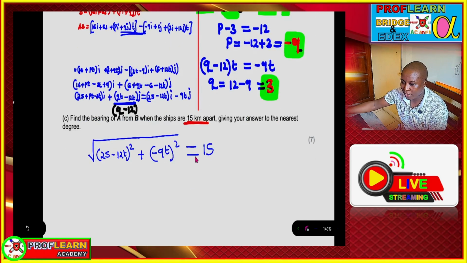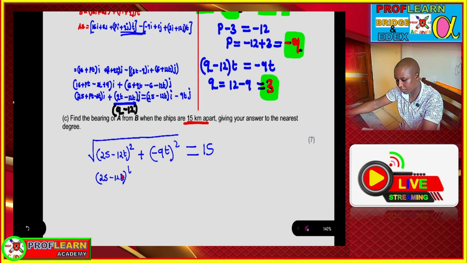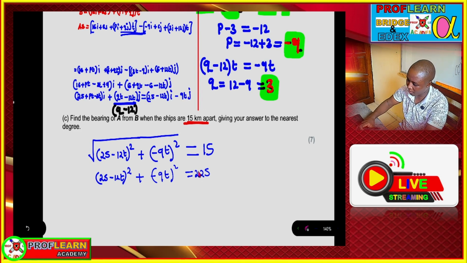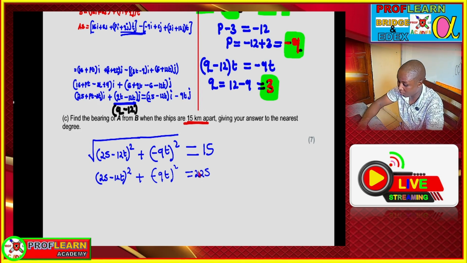Then to work that out, we're going to square both sides, and this is going to be 25 minus 12t squared plus minus 9t squared equals 225, because if you square 15, we get 225.